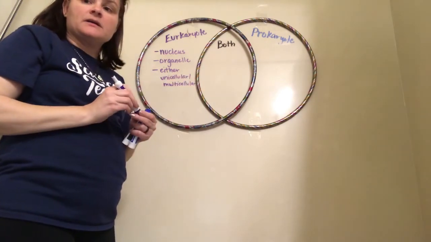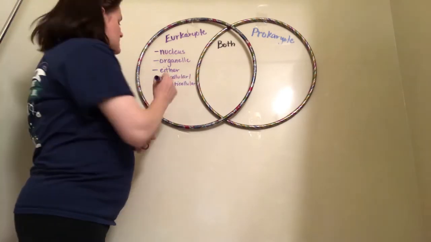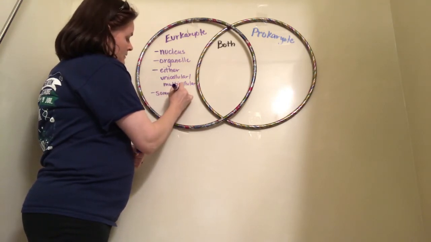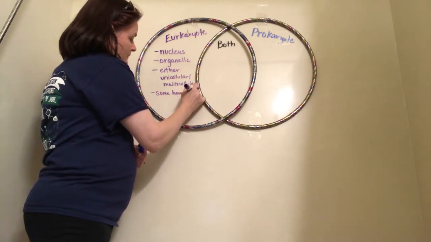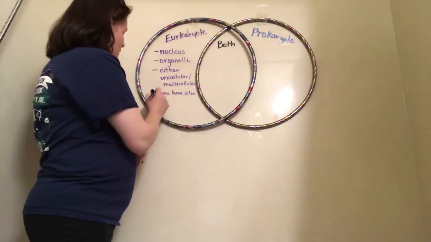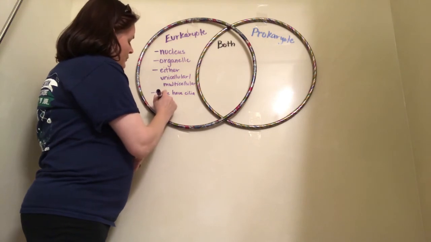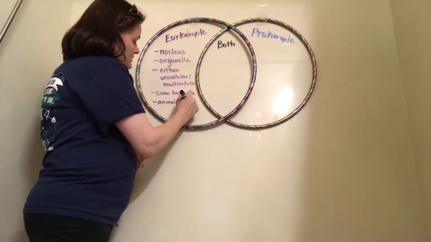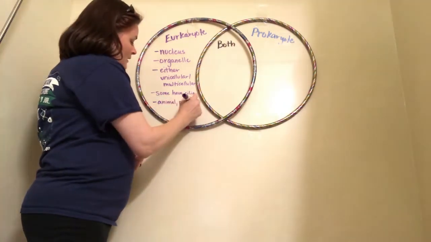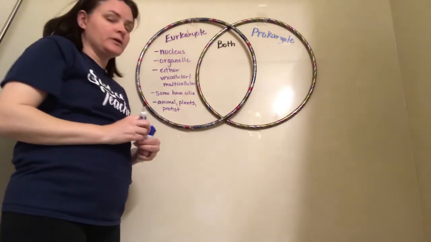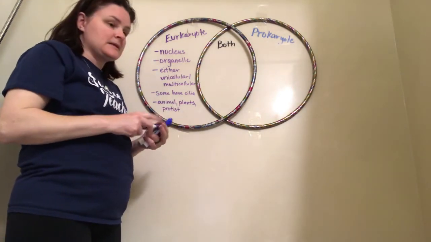Okay, what else have these is that some have cilia, and these can be animal cells, plant cells, and some are protists. So we're looking that a lot more fit into this category.